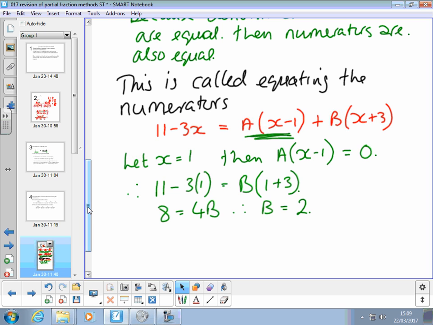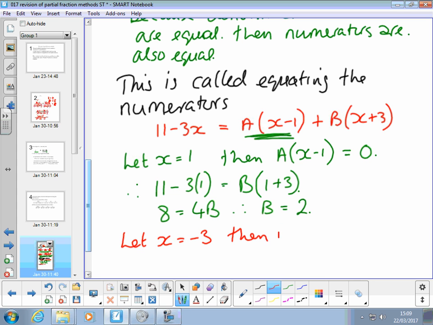So along those lines, what do we now need to do to find a? So we've done that. So we're now making this term equal to 0.